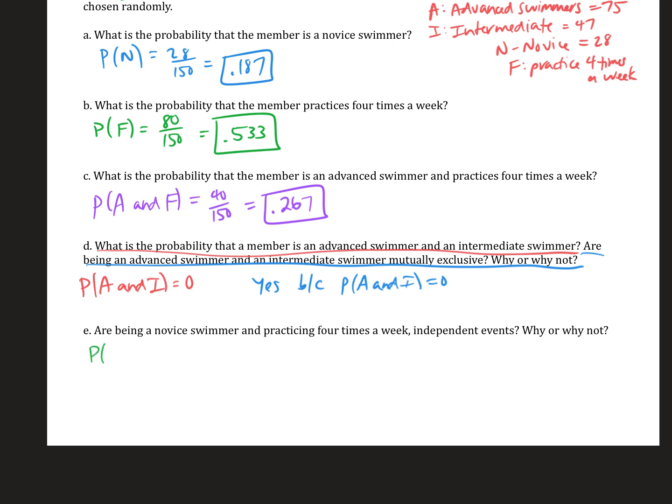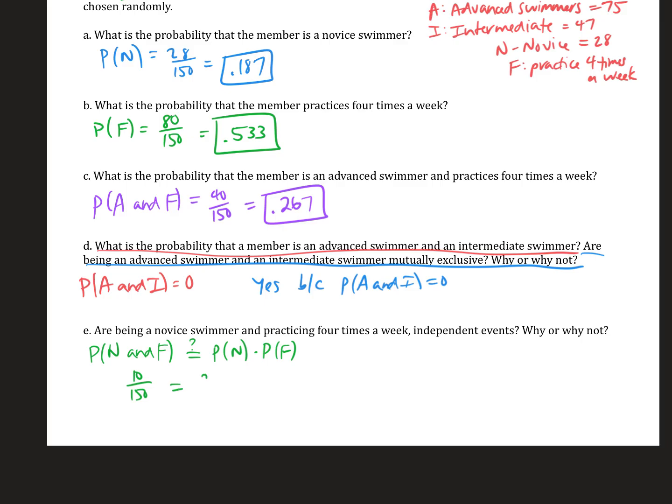We have to find the probability of N and F and determine, is that equal to the probability of N times the probability of F? Again, you have to have the math to back up this answer, or it is not going to be accepted, even if it's right, even if you say yes or no correctly. So the probability of both is 10 out of 150.